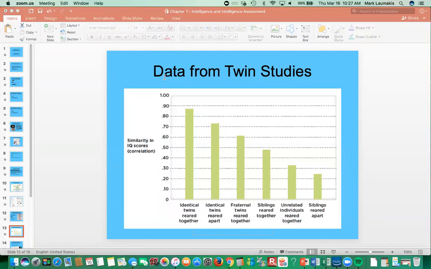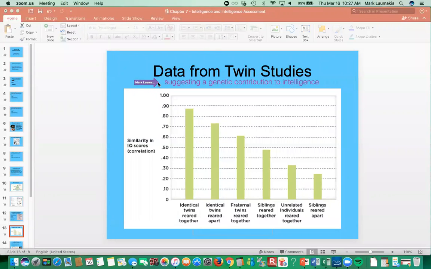Data from twin studies suggesting a genetic contribution to intelligence. That's this first slide, okay? Cool.